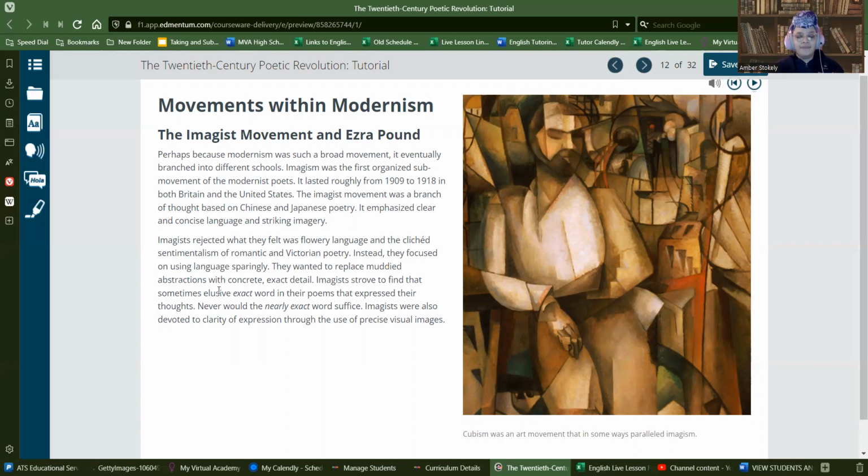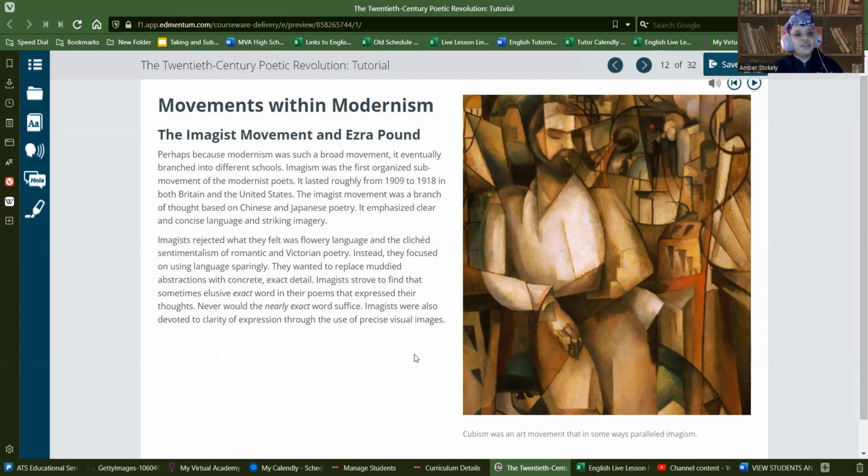So the Imagists were basically this group that was like, we need to always try to find those exact words that express what we're trying to say and only use those words. Don't waste time trying to describe what we're trying to describe. It's your job to find the perfect combination for showing people what you want to show them.